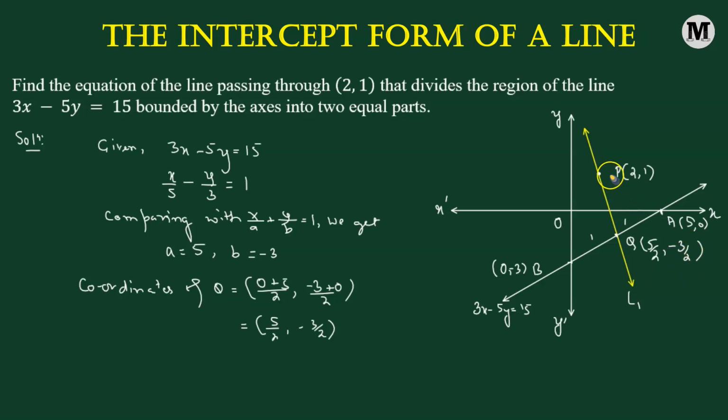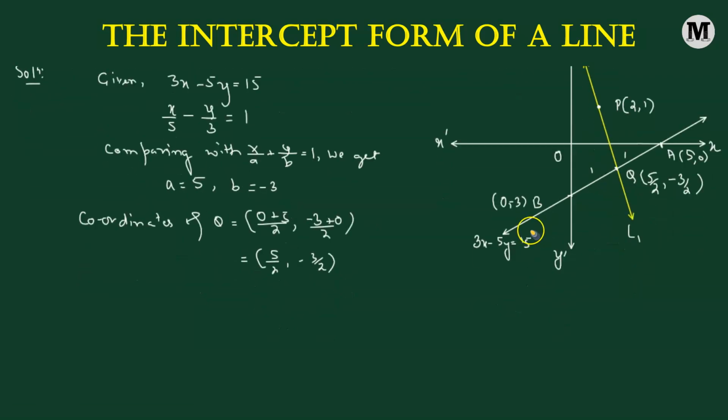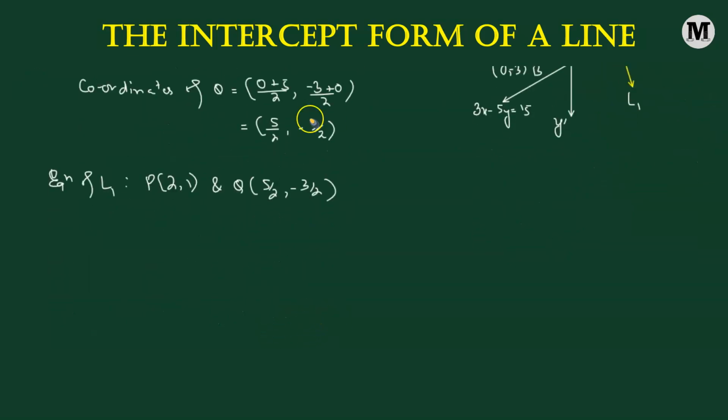Now that we have the two points P and Q, we are ready to find the equation of L1 using the two-point form of a line. We need the coordinates of the point P, that's 2, 1, and the coordinates of the point Q, that's 5 over 2, -3 over 2. Let's quickly go through the two-point form of a line.